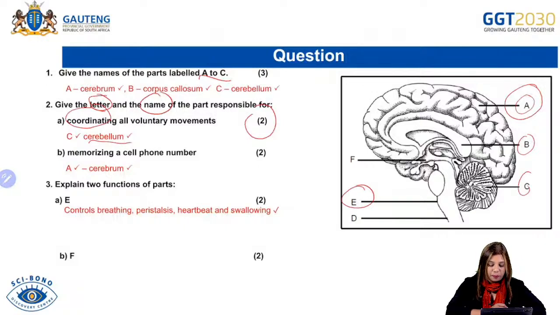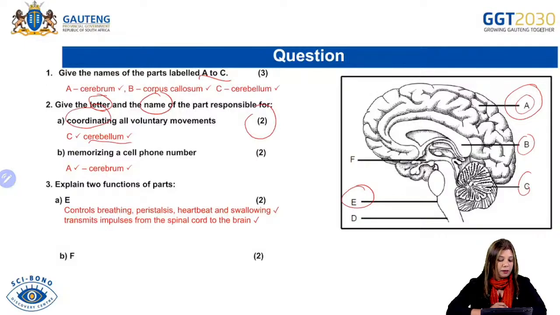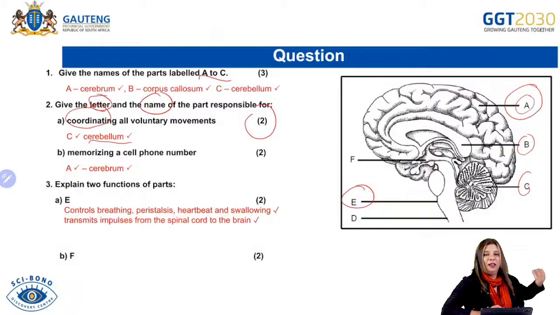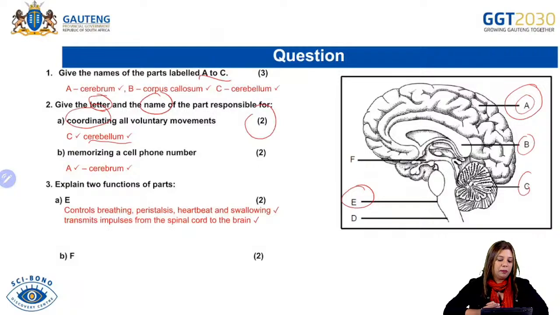Now if we look at part F, it also transmits impulses from the spinal cord to the brain. Because it is found here in the back, it is connecting the brain to the spinal cord. You can't see at the back, but it's connecting my brain to my spinal cord, which is behind me.